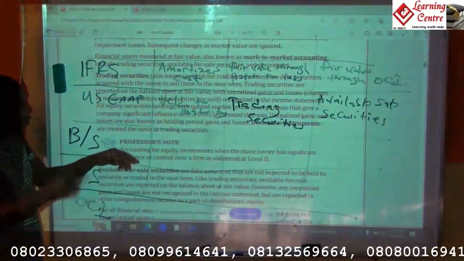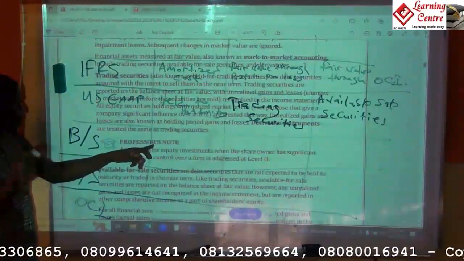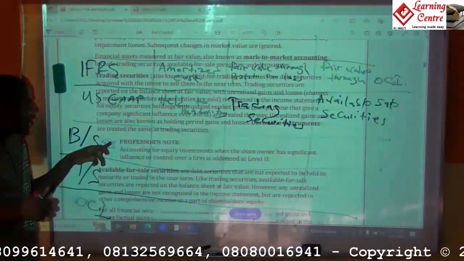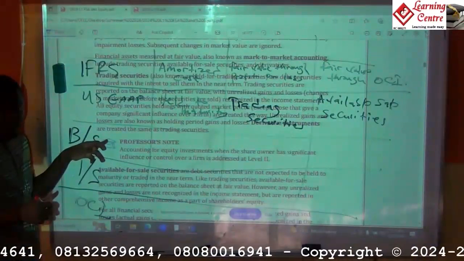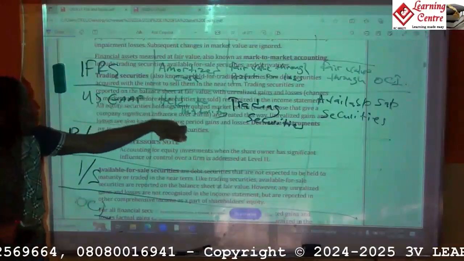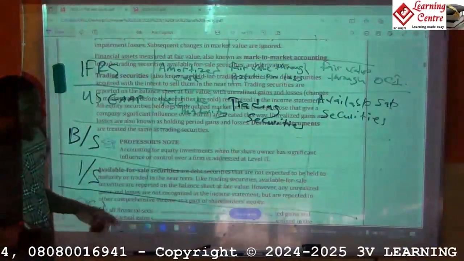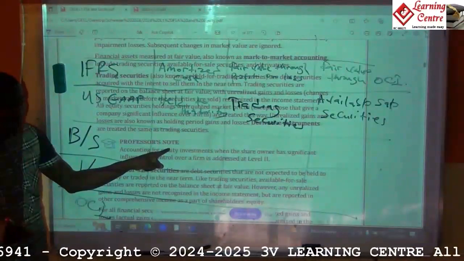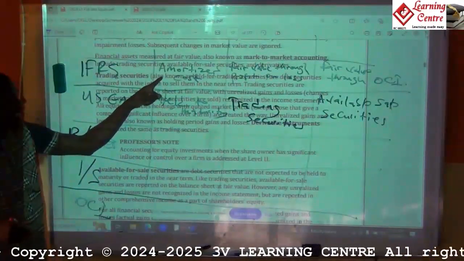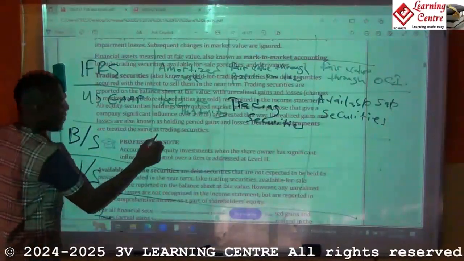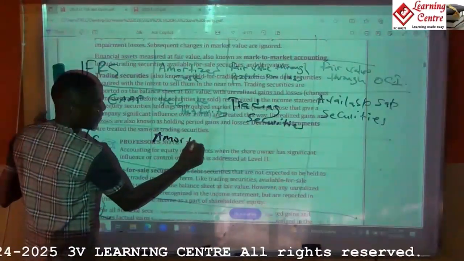So now look at the balance sheet. If it is a balance sheet item, look at it from the IFRS and you can determine every other thing. How would you treat it in your balance sheet? Talk to me. If you have a security that is classified as amortized cost, you treat it as amortized cost.